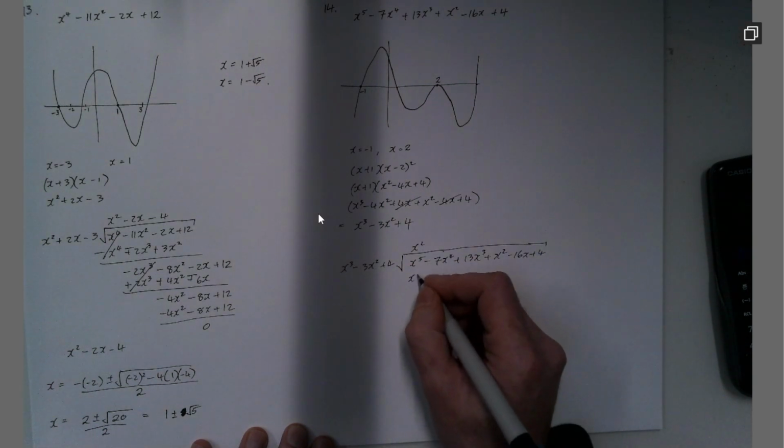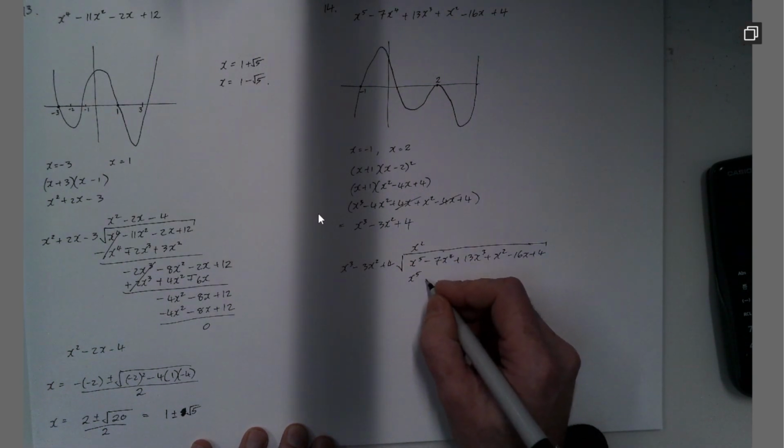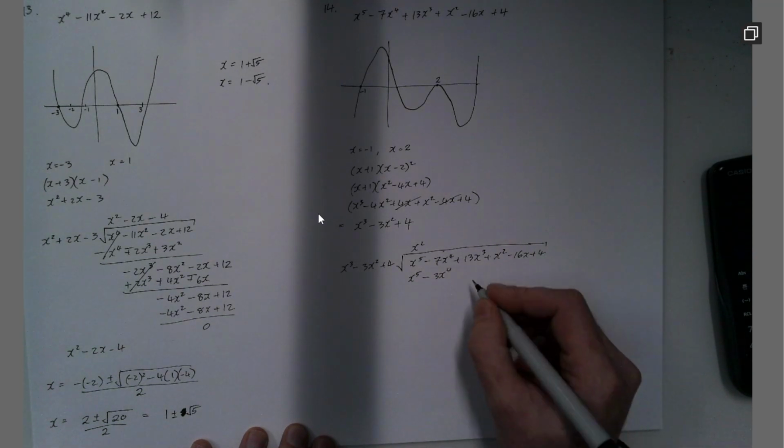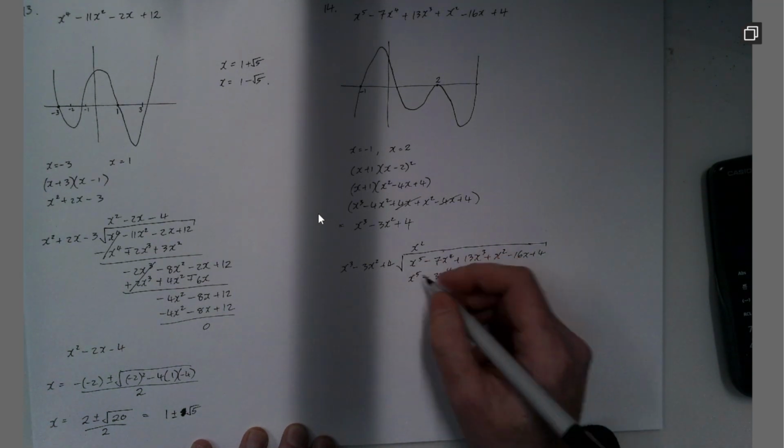So you get x cubed into x squared, minus 3x squared, plus 4x squared.